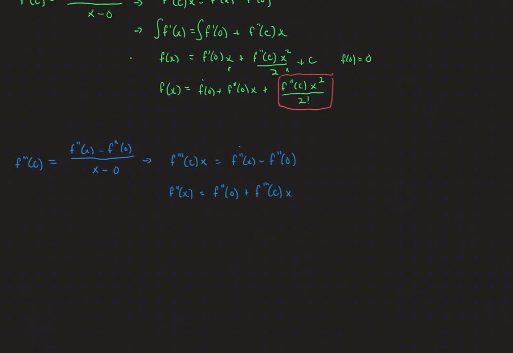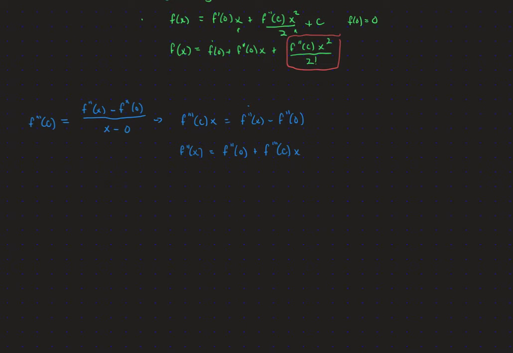Let me slide this up a little bit. So we're going to integrate both sides, and we'll get the integral of the second derivative is the first derivative. The integral of the constant f double prime of 0 with respect to x is going to be f double prime of 0 times x, and the integral of something times x is going to be that something times x squared over 2 plus some constant of integration.